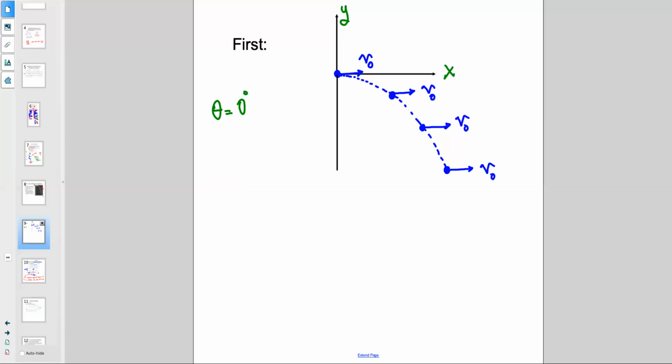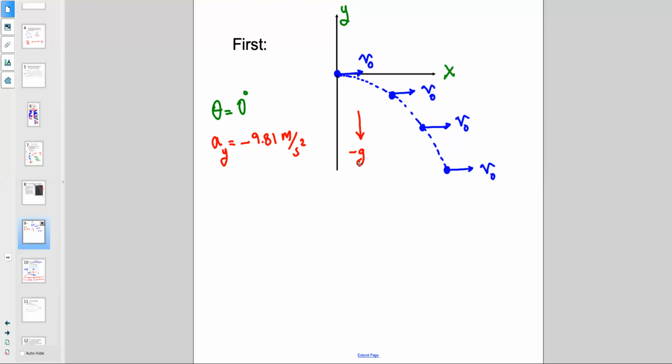But along the y direction, we have an acceleration. It's freely falling, right? So it's negative 9.81 meters per second squared, as an object is moving along the y direction, freely falling down. And it's always down, so I know that the acceleration is negative g, always down to the ground.